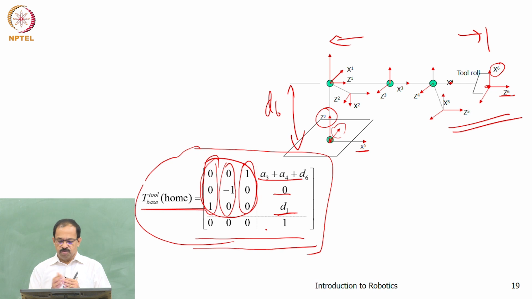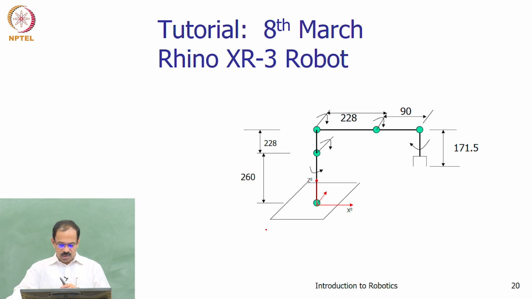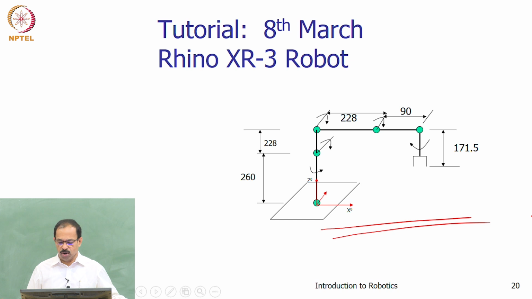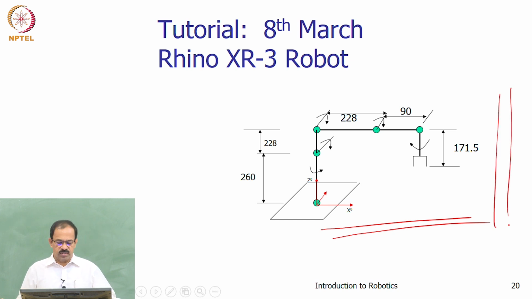Okay, fine. So two things. One is about a tutorial tomorrow. There are two questions from the previous tutorial which you could not complete, and along with that, you will be doing this also in the next class. That is tomorrow, 9 o'clock, 8 o'clock. You will be doing the forward kinematics of this, and then trying to verify your answers with the software computation values.